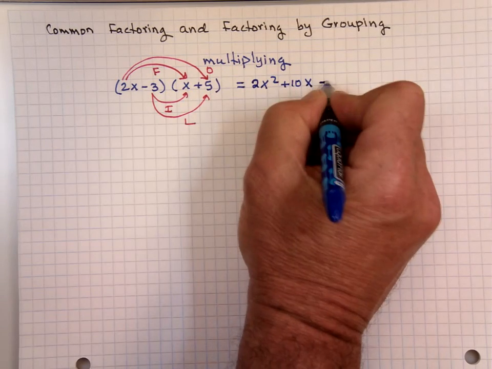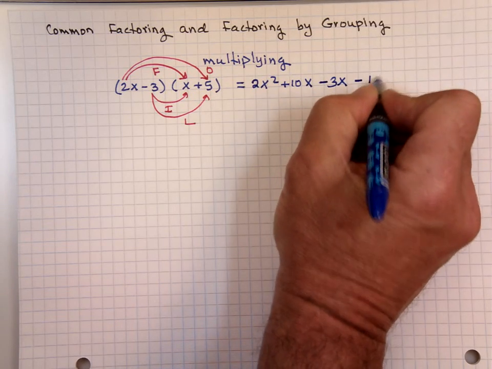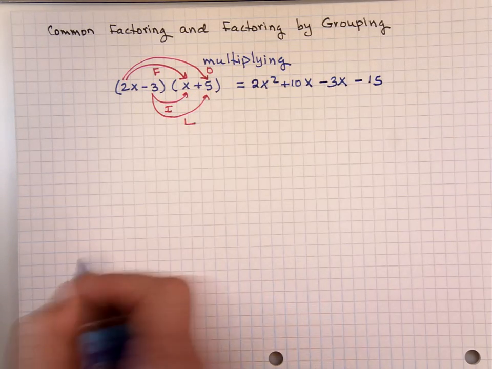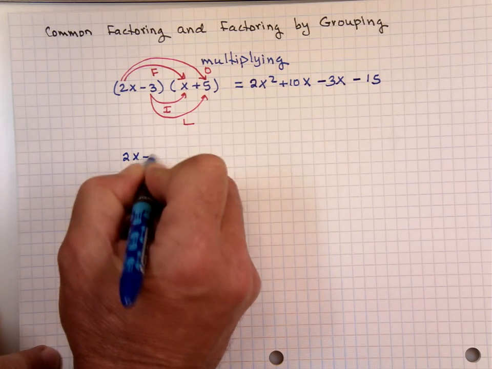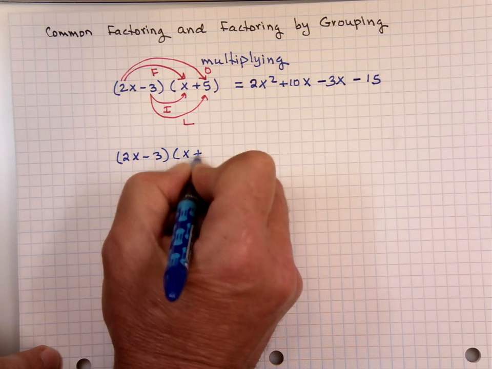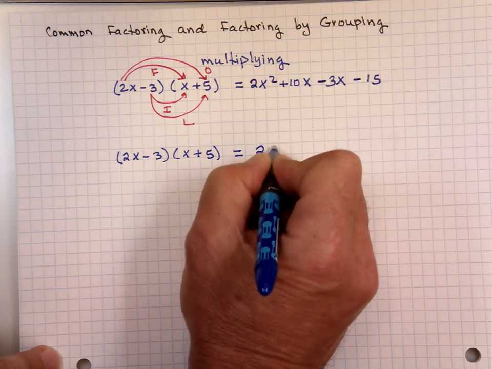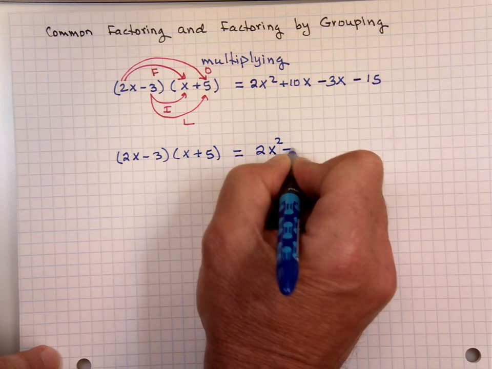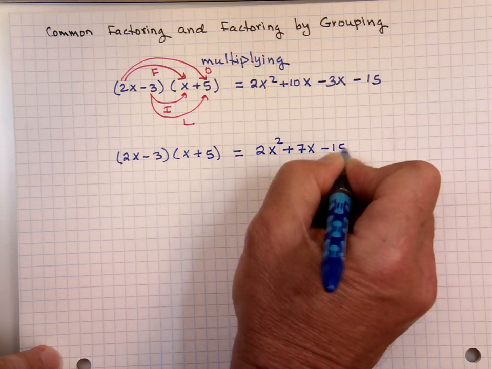Negative 3 times x, negative 3x. And negative 3 times 5, which is negative 15. So when you clean that, we can say 2x minus 3 times x plus 5 is actually equal to the polynomial 2x squared plus 7x minus 15.